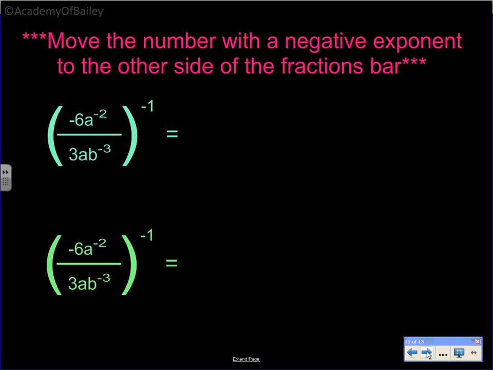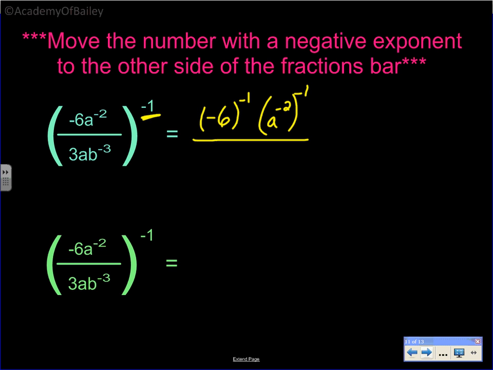This one here, if you have this -1 outside the parentheses, that -1 has to go with everything inside the parentheses. So it's going to go with -6 to the -1st power. It's going to go with a to the -2nd power to the -1st power.